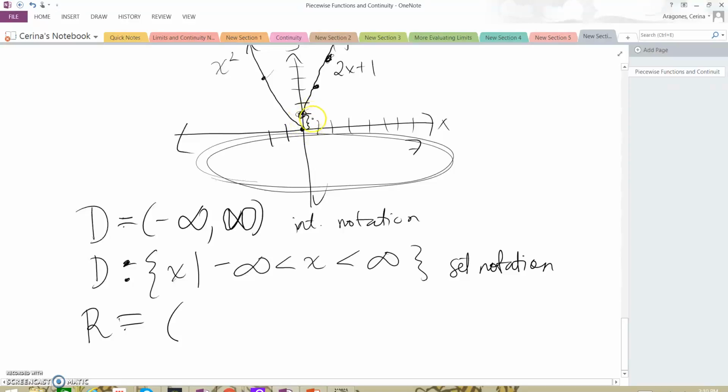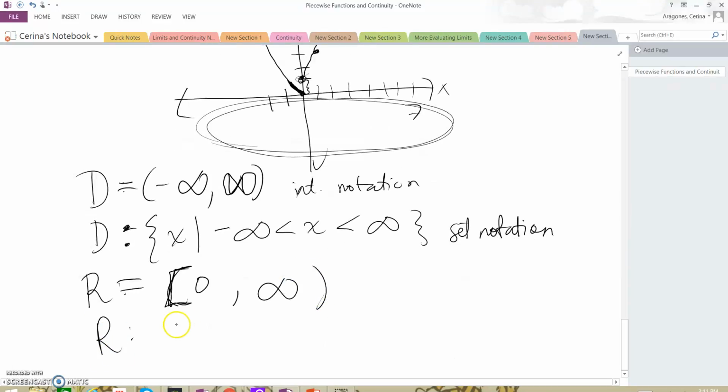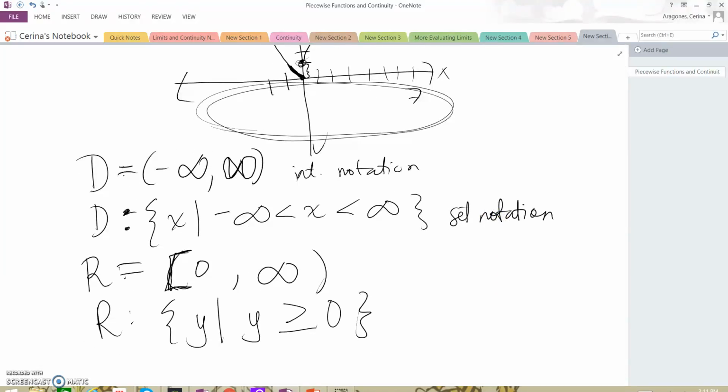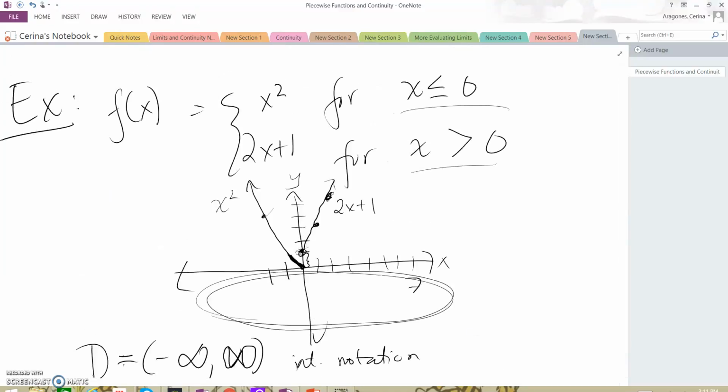I'm sorry, I apologize, that's a mistake. We do have values from 0 to 1. They're right here. You see them? So our values are actually everything from 0 to positive infinity. And if we write it in set notation, it's all the y values such that y is greater than or equal to 0. Okay? So either way, we can describe our domain and range as we examine this piecewise function.